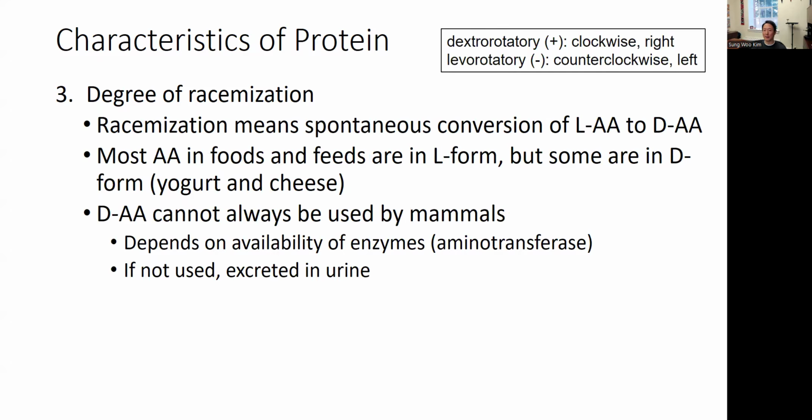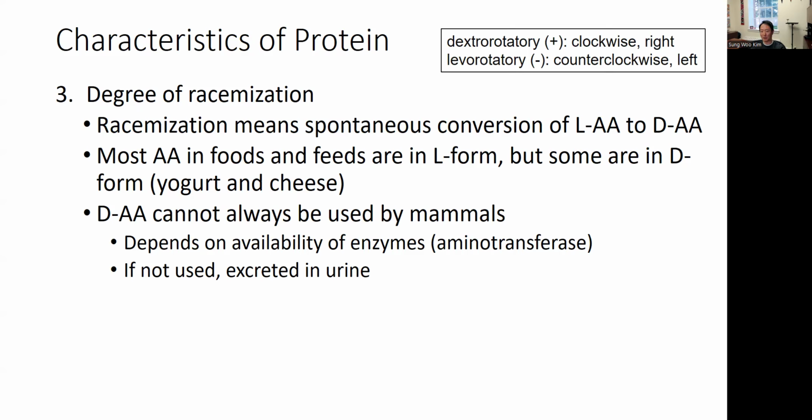Going next slide. Continuing about the racemization. Since most proteins in plant and animal tissues are made of L-type amino acids, the food and feeds will provide L amino acid. But in the case of fermented food, fermentation, how do you ferment?